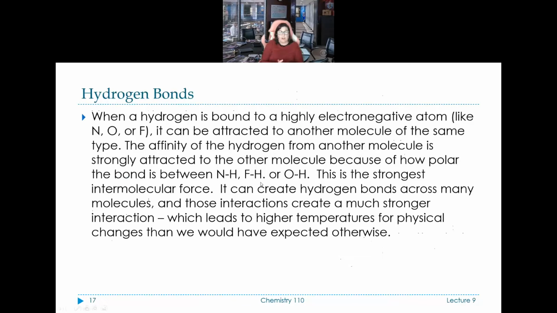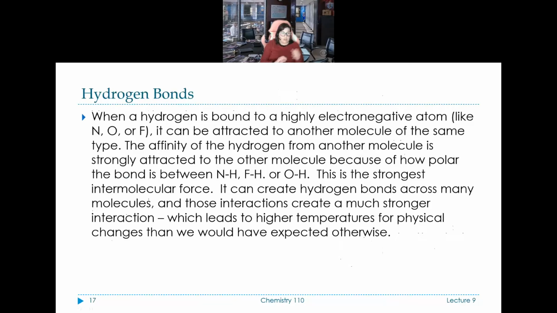A couple of things about hydrogen bonds that we need to talk about. Hydrogen bonds are formed when hydrogen is bound to a highly electronegative atom, like nitrogen, oxygen, or fluorine. Those are the three that we'll talk about. And they can be attracted to another molecule of the same type.